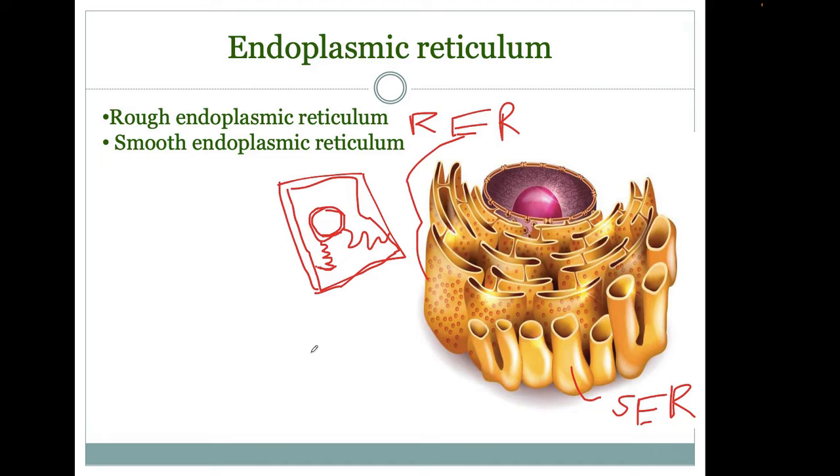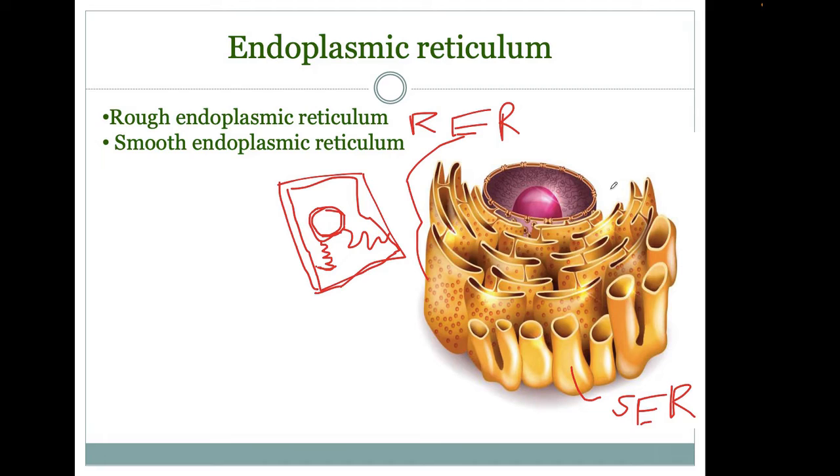Then next we will go for the endoplasmic reticulum. There are two types of endoplasmic reticulum present. It is a network of lipoprotein microtubules extending from the outer nuclear membrane to the plasma membrane. We can see this is the nucleus, with the outer nuclear membrane and the plasma membrane.